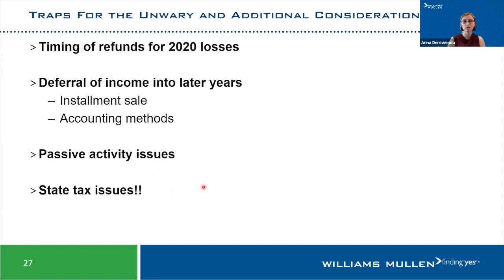So Virginia right now, I don't think we've seen, and we might not expect for a while to see, whether they will conform to the federal rules. They have not. I think when we saw NOL changes in '08 and '09, so having the state tax overlay on that and keeping in mind that it may be different from federal is something to keep in mind.